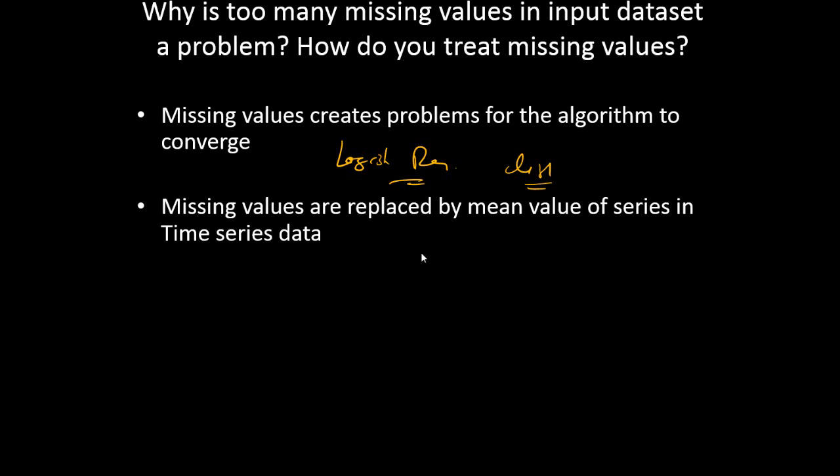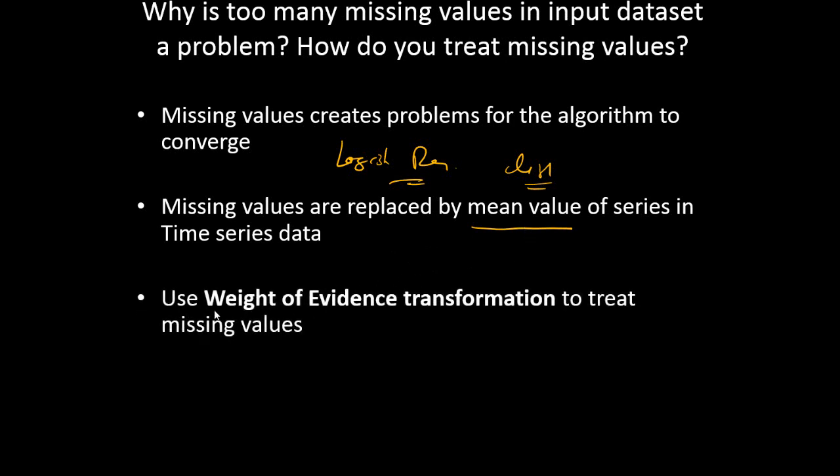In univariate time series data, you'll always find the data for a particular event or a particular entity, so that data continues for a period of time. So you can use the previous period if for a particular period you don't have the data, or else you can also take the mean of the entire series and do the imputation.